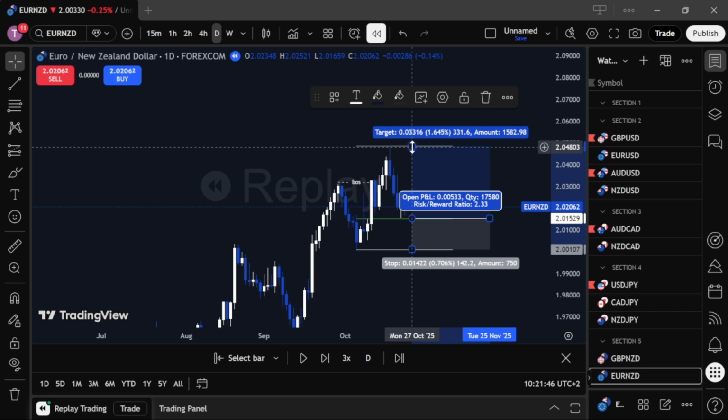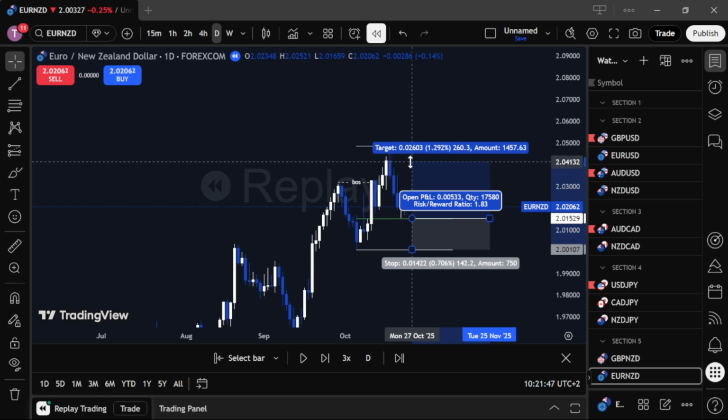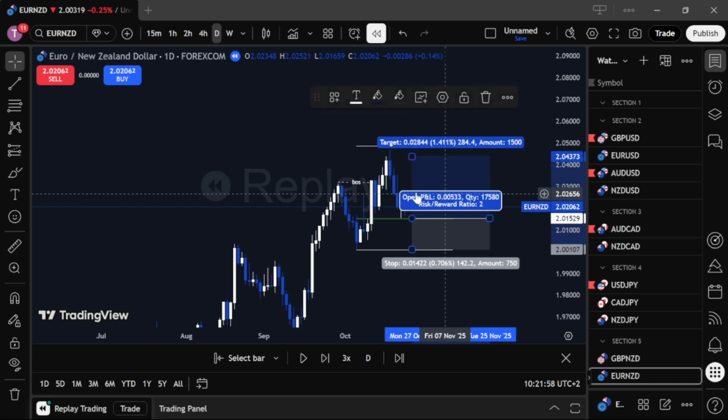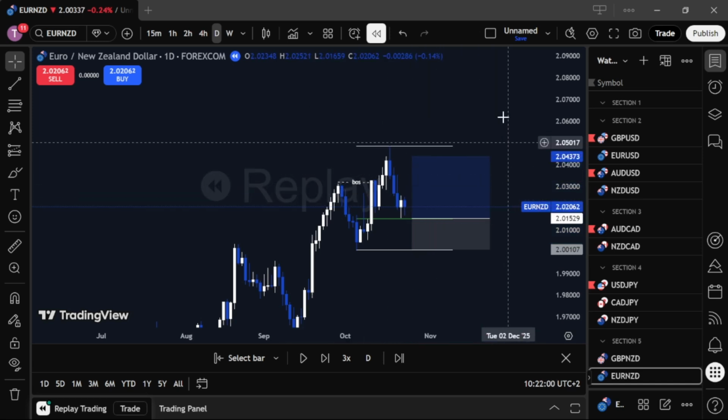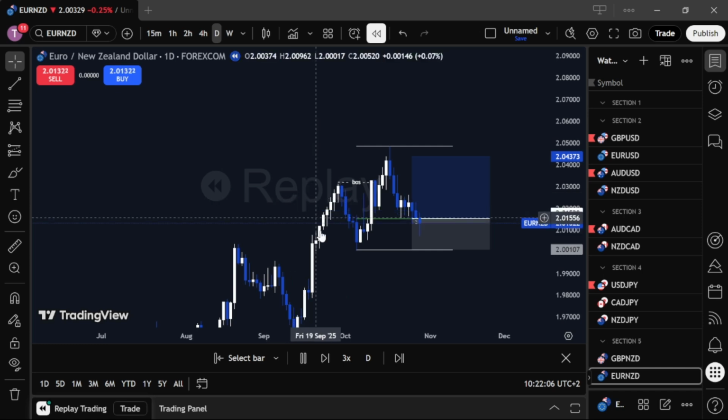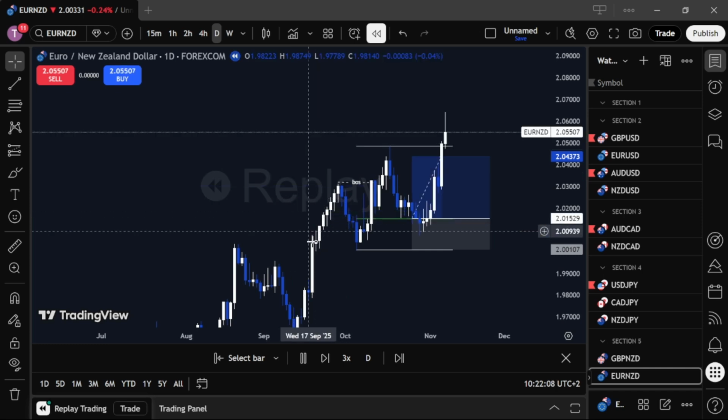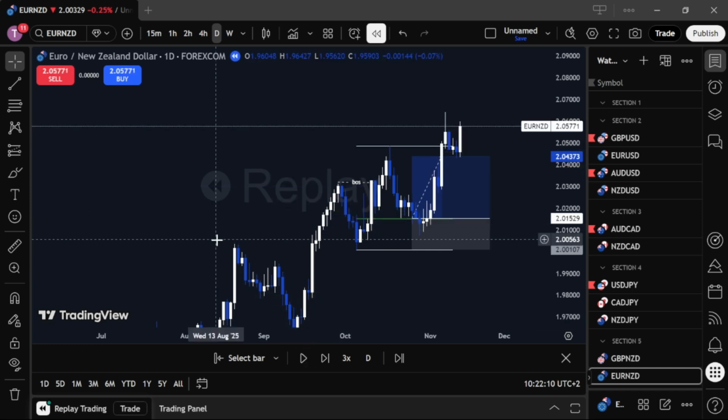Remember, I'm always looking for 1:2. So here is gonna be 280. Yeah, 284. Yeah, it's like something like this. So as I play, the trade went straight to TP.